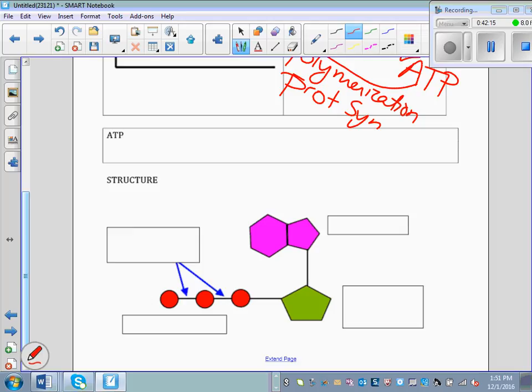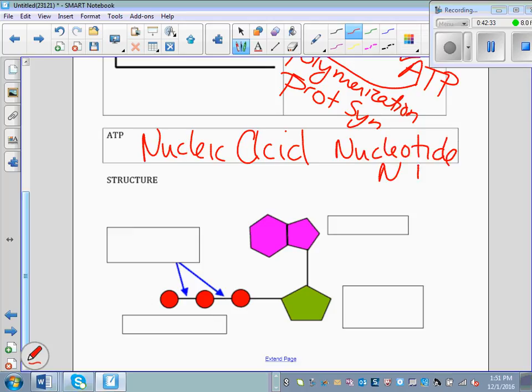Which one is ATP? Nucleic acid. If it's a nucleic acid, what is the monomer? Nucleotide. What are the three parts to a nucleotide? Nitrogenous base, a sugar, and at least one phosphate group.